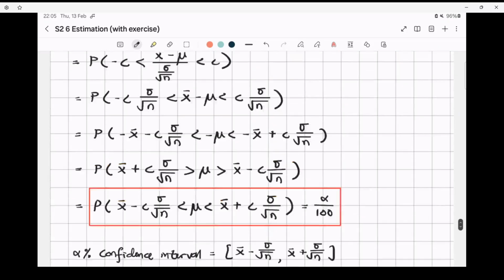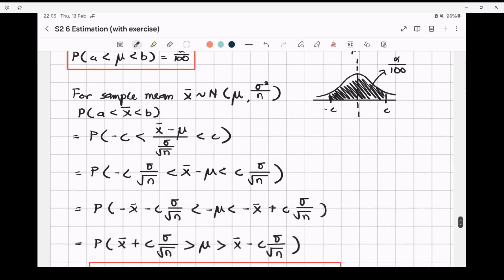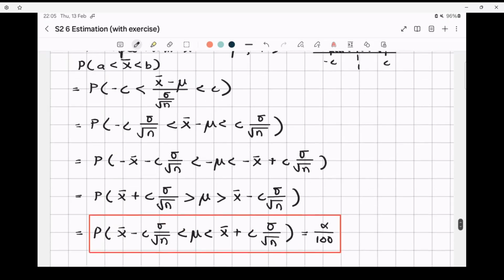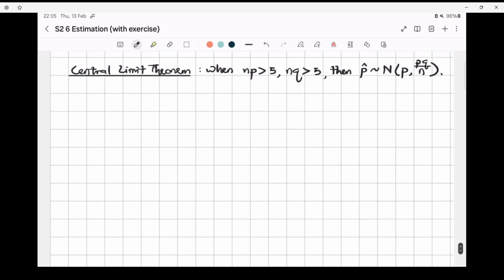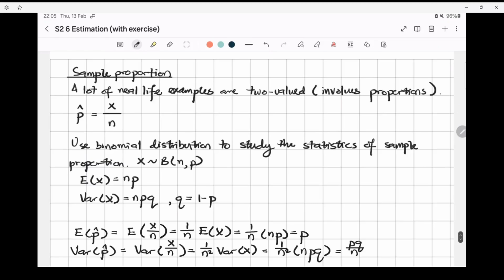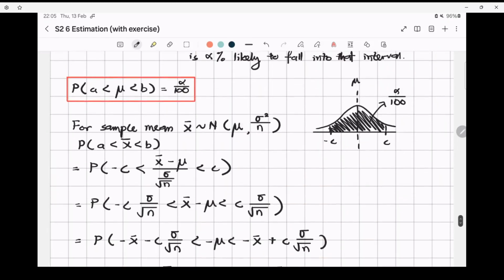Previously, we also derived how you would find your confidence interval. In this case, it is the same thing. Essentially, you start with the first equation. You want to find the probability of p hat between a and b. Then you convert to z-score.